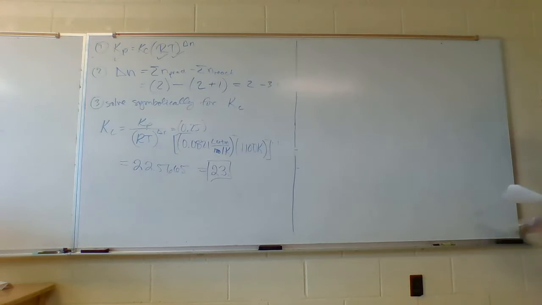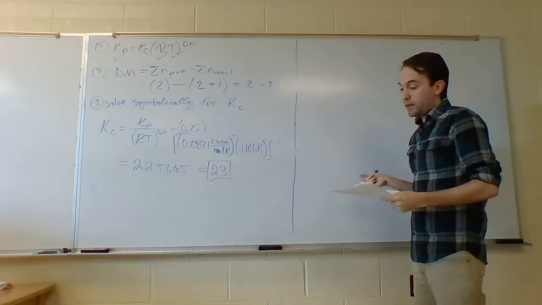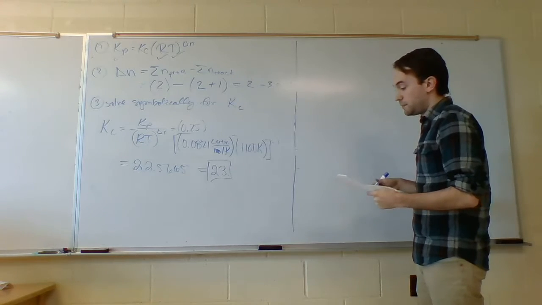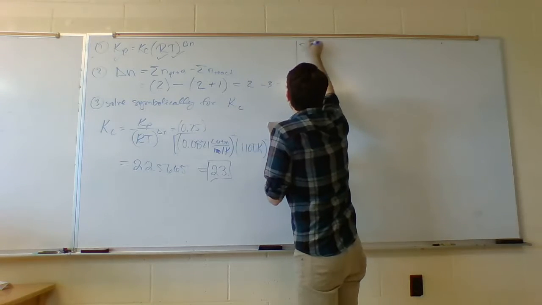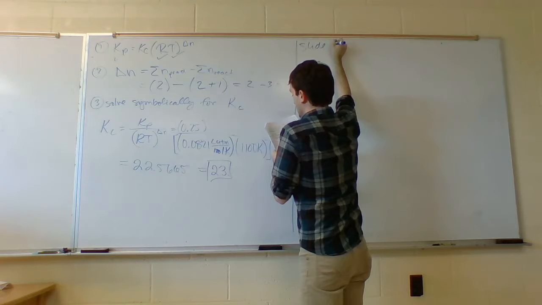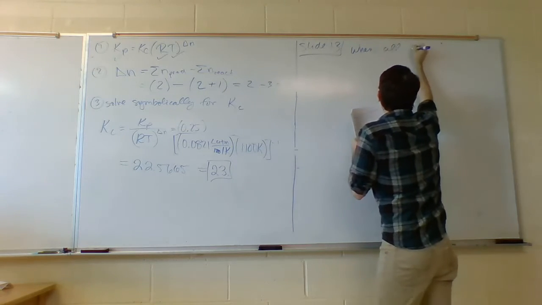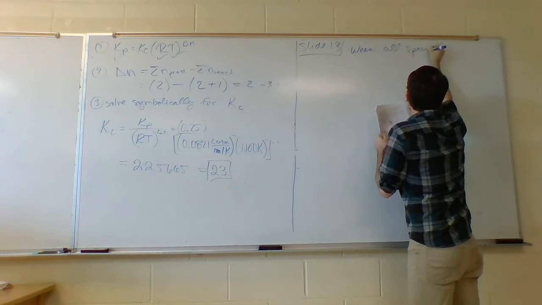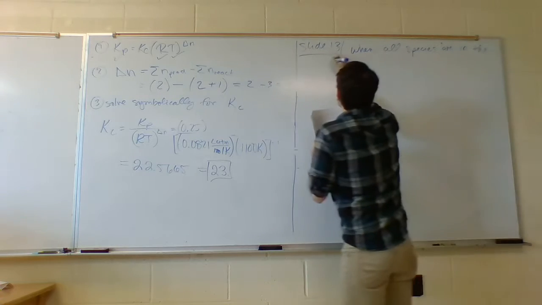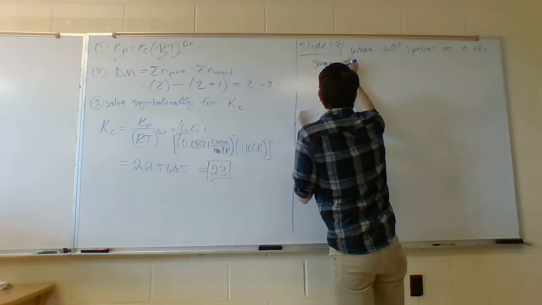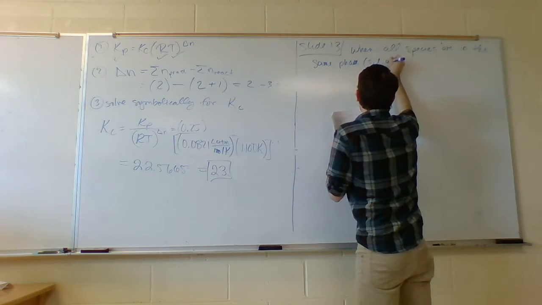All right, now, so far, all of our equilibria have been in the gas phase. Now, when all species are in the same phase, and by phase I mean like solid, liquid, gas, okay?